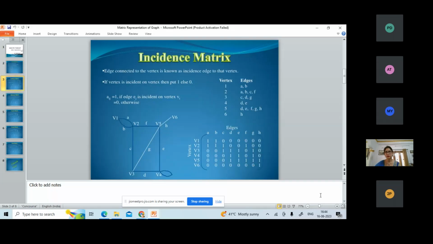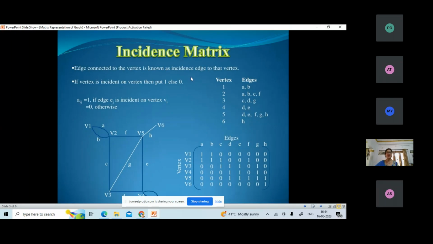Incidence matrix. An edge connected to a vertex is known as an edge incident to that vertex. I will explain in one line only for this lecture.